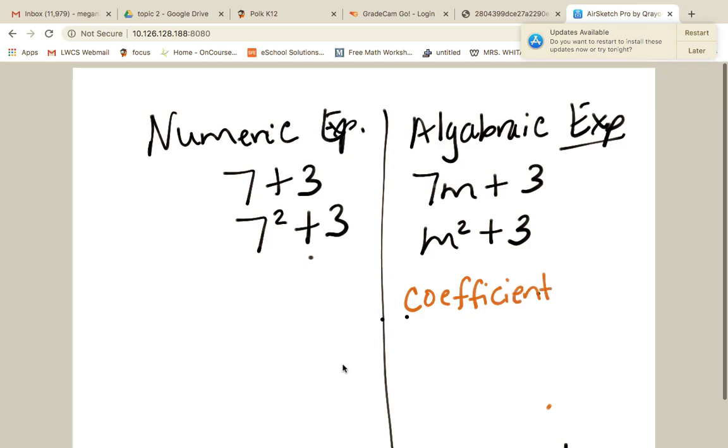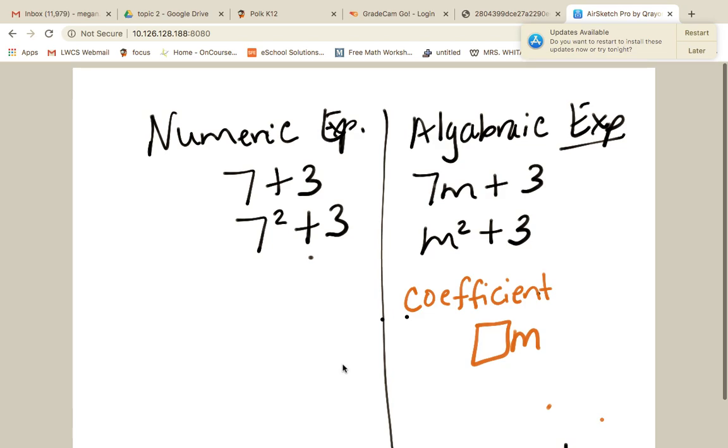A coefficient is always what is beside the variable. So the coefficient would be beside m or x or y or whatever it is. And it has to be touching it. It has to be multiplied by that variable.